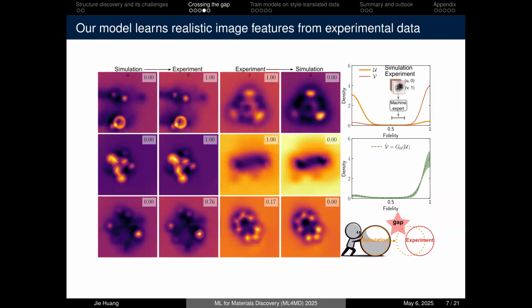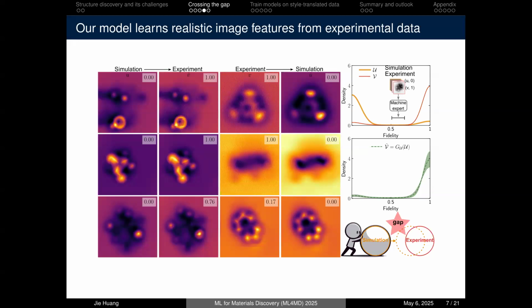Here we have used a pre-evaluation of the quality of the style-translated images. We first build a machine expert to tell whether images come from simulation or experiment.